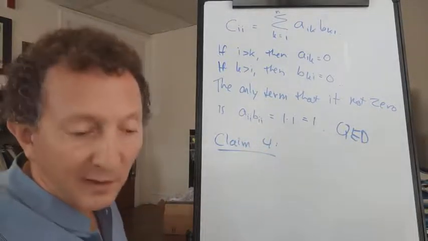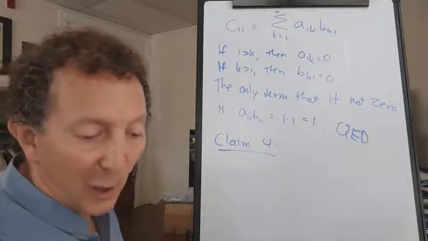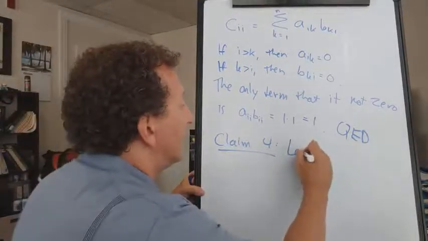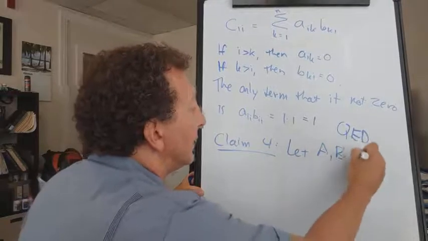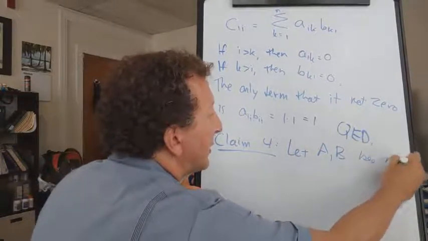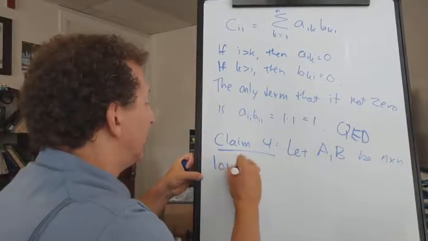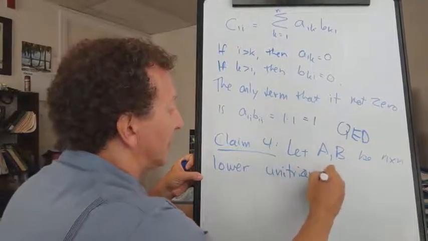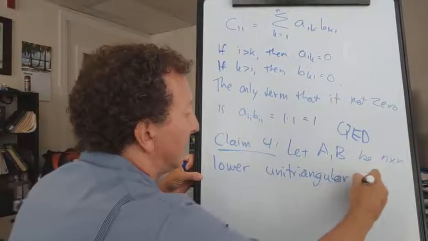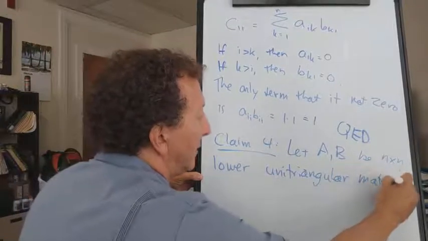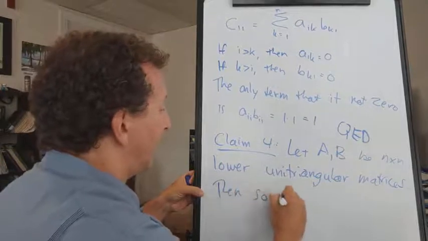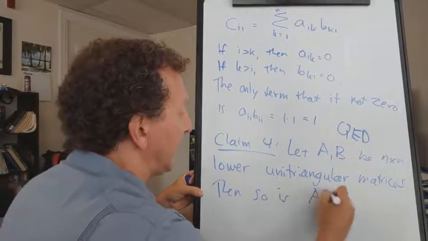Now, of course, the next thing I claim is if we have two lower unitriangular matrices, then their product is also. So let's let A and B be n by n lower unitriangular matrices. And so is AB.